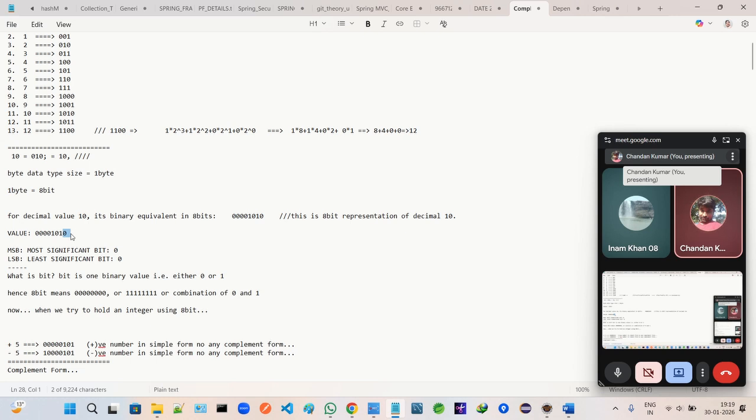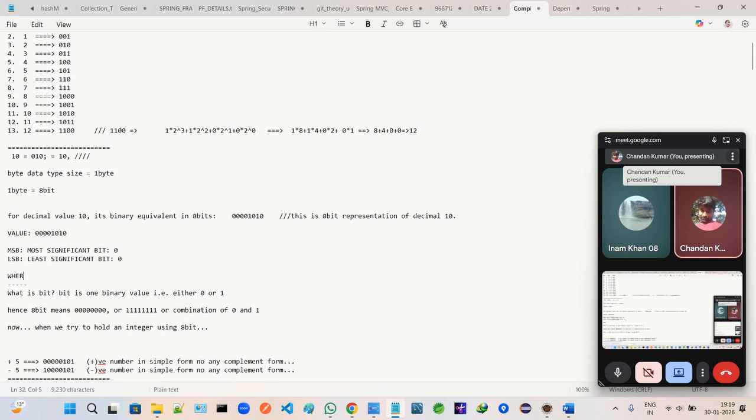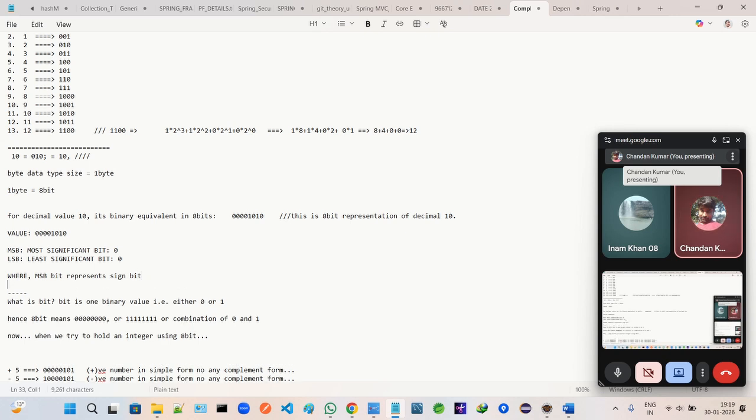The MSB represents the sign bit. A single MSB means only one bit is most significant, and only one bit is least significant.